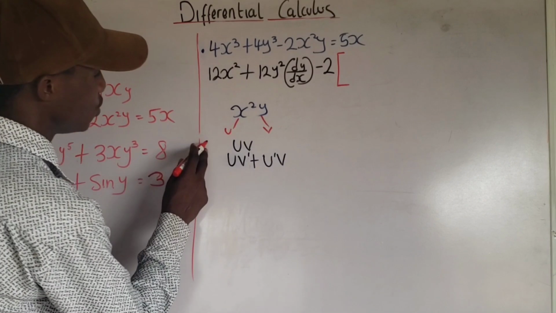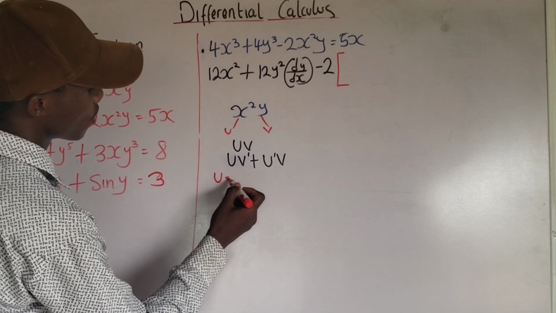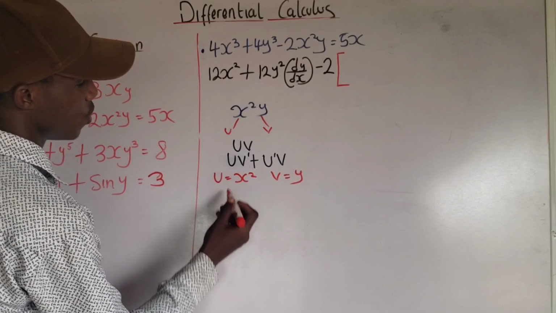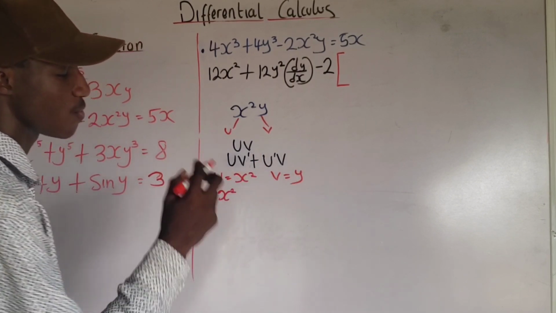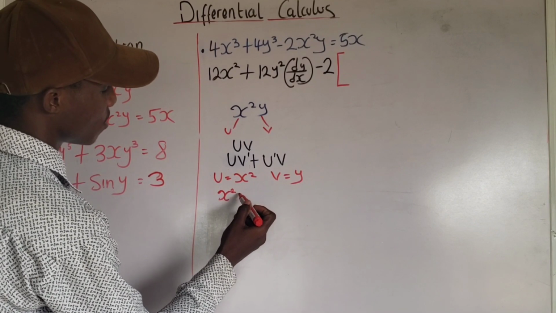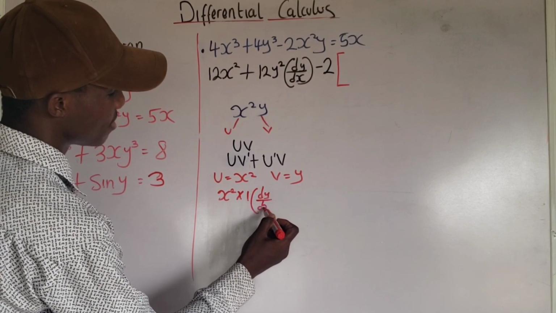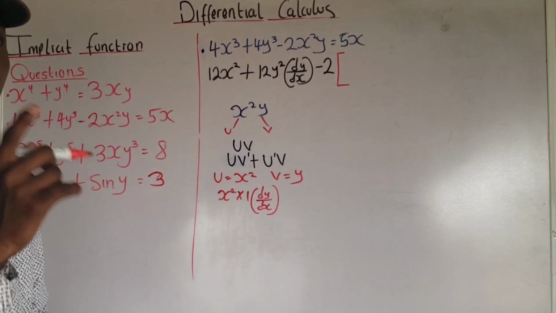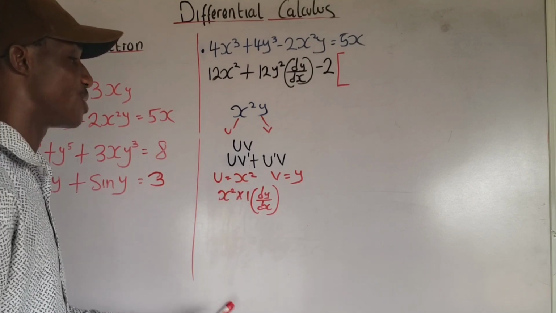x² is u and y is v. So u equals x² and v equals y. Now I'm going to have x² times the derivative of v. Differentiate y, we have 1, multiplied by dy/dx, because anytime you differentiate y, you add dy/dx, since we are differentiating y with respect to x.